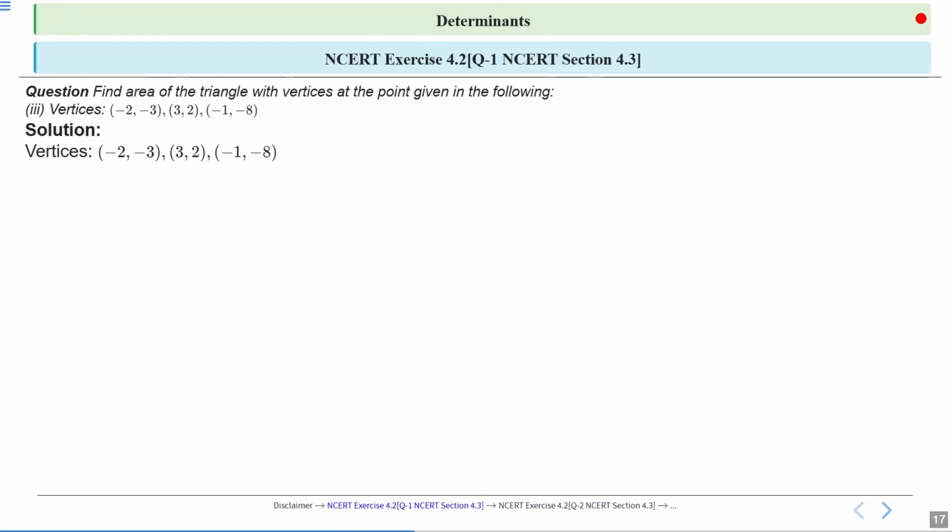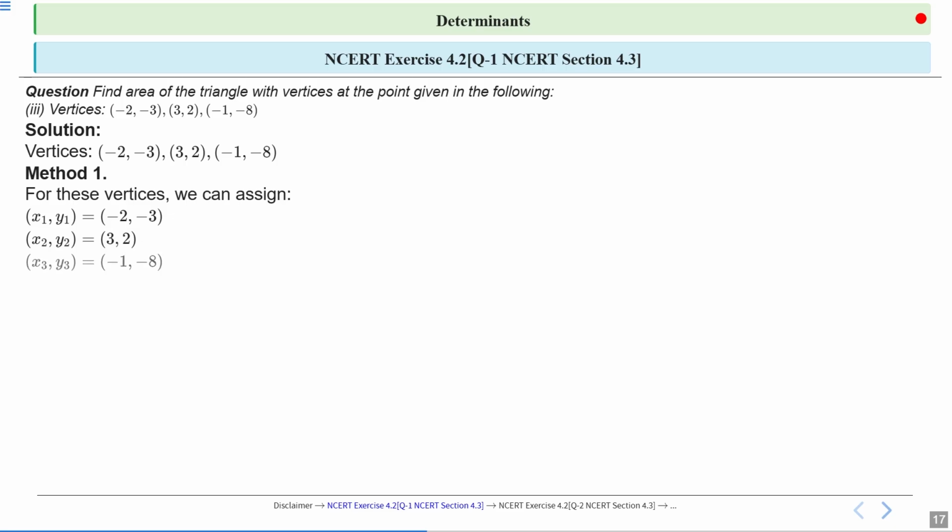Okay, so the given vertices are minus 2, minus 3, 3, 2, minus 1, minus 8. So for this we can assign x1, y1 as minus 2, minus 3, x2, y2 as 3, 2, x3, y3 as minus 1, minus 8. So plug this into the formula.